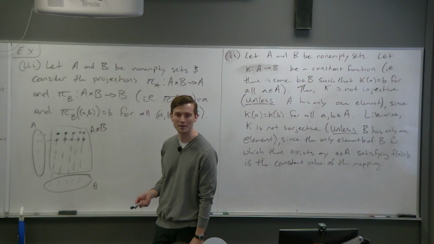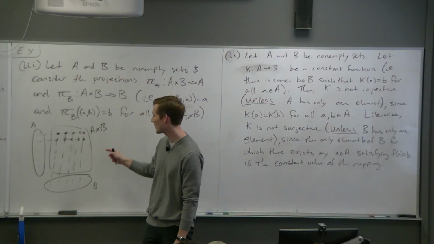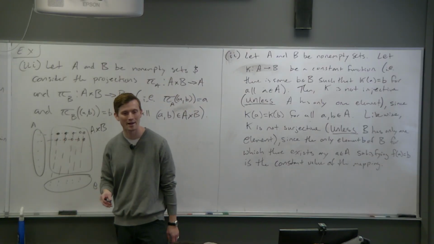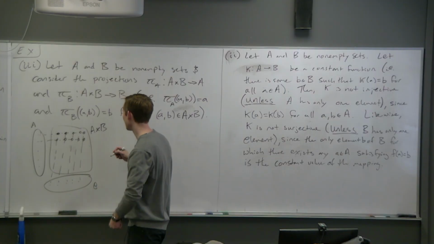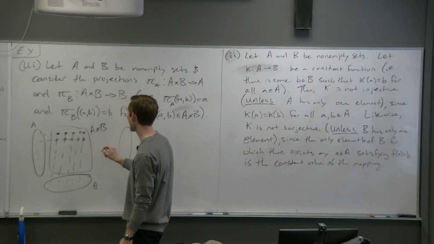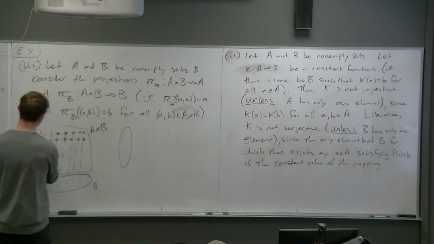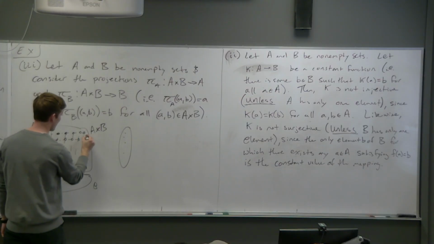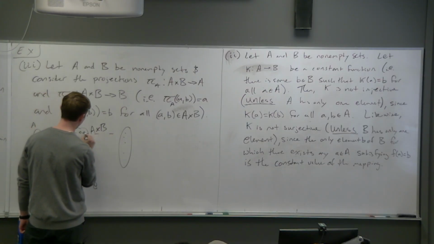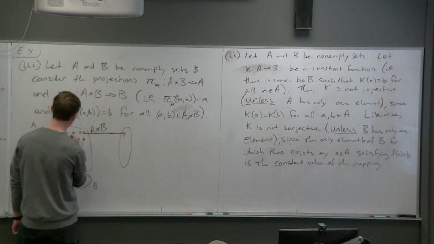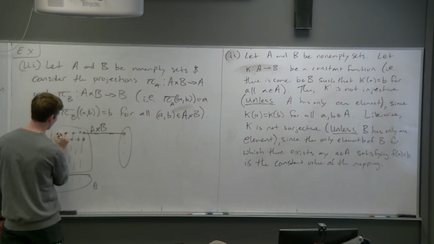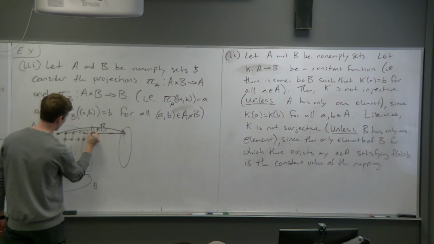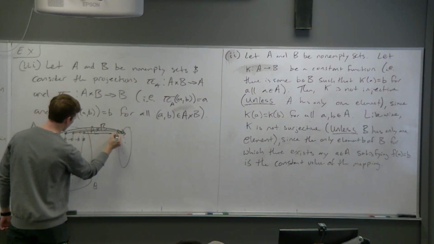What are the coordinate projections? They're basically just these lines right here, right? That is, if this is A cross B, here's pi A. It takes everything from here, and now assuming I've written all my stuff in the same way, every single one of these guys in this whole line gets mapped to the same exact thing.